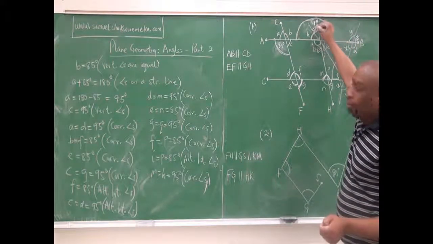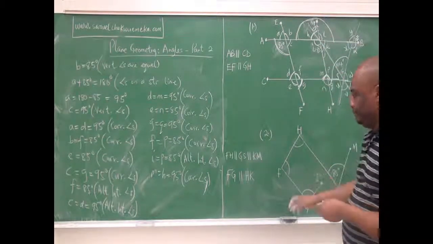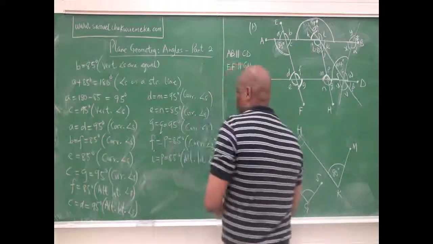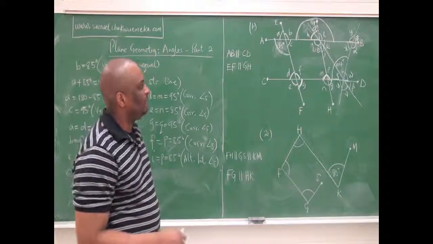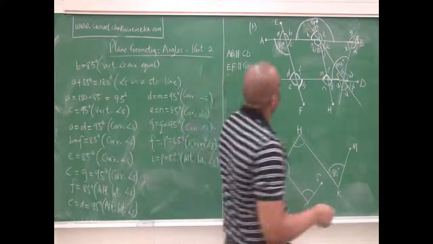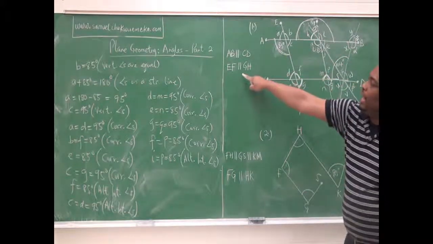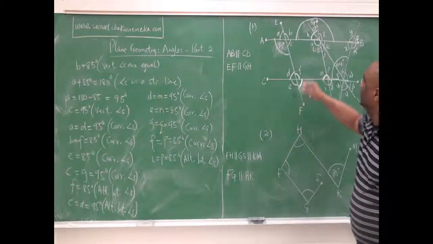H plus 22. You have to be careful here. Okay, so I is equal to P equal to 85 degrees. Alternate interior angles, right? All right. Now, you have to be careful here. We see that line segment EF is parallel to line segment GH.